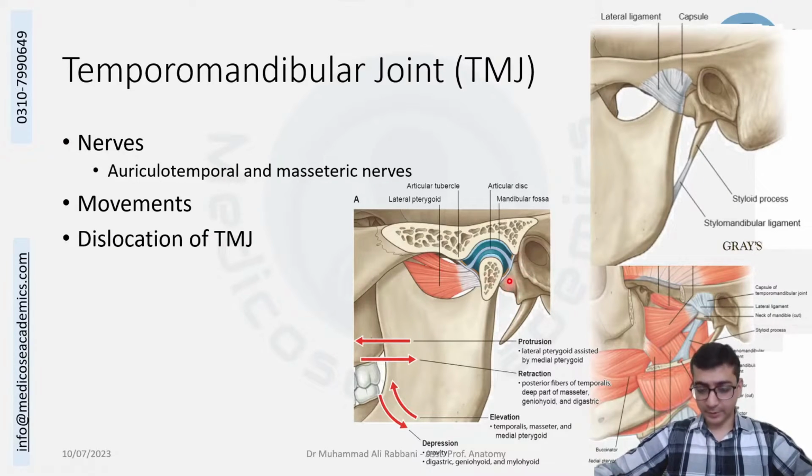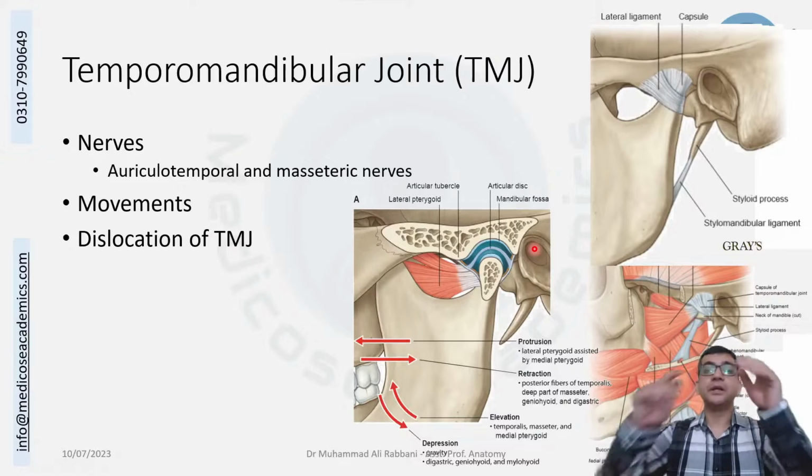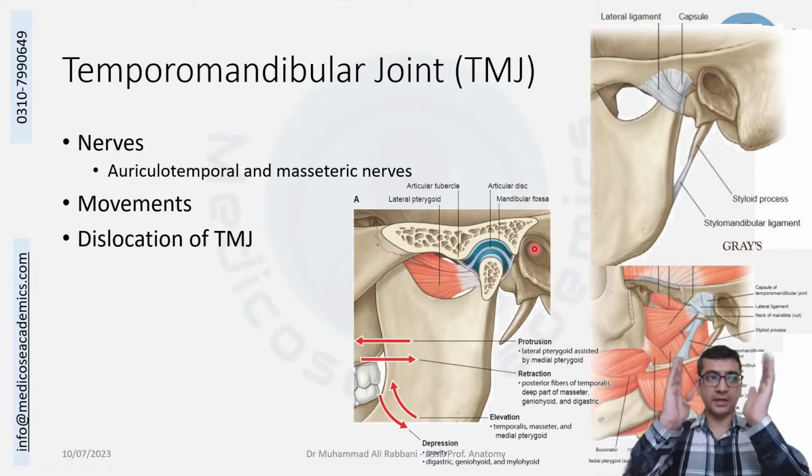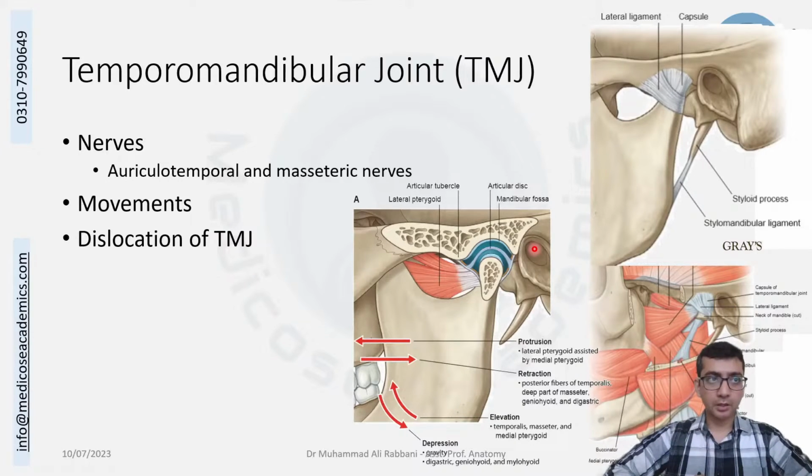Let's talk about the movements. There are three possible sets of movements. First, elevation and depression, going down of the jaw and coming up of the jaw. Then there is protraction and retraction, moving the jaw front, moving the jaw back.